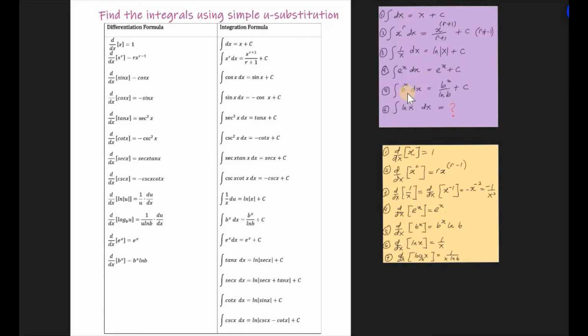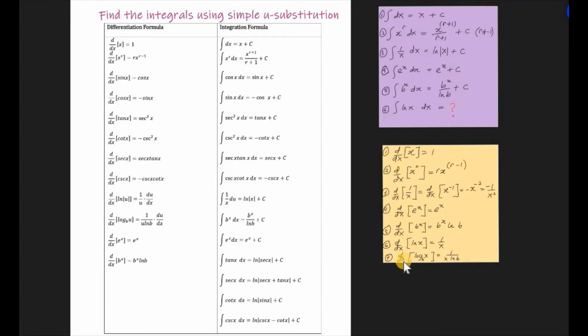Two different functions. This is x power r. This is like an exponent, 2 power x. And then the derivative of ln x is 1 on x. We get it from ln u. But what is the integral of ln x? We will cover it later.